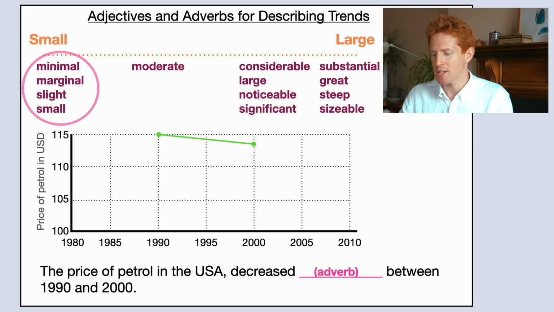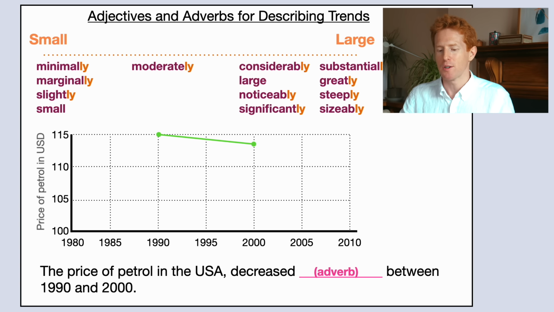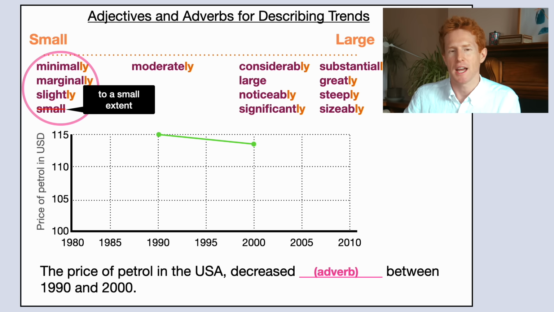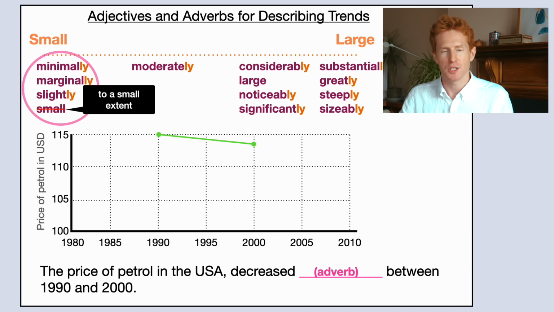So how do we change these into adverbs? Well, we add ly. So decreased minimally, decreased marginally, decreased slightly, decreased smallly? No. Decreased to a small extent. We don't add ly to small. We say to a small extent.